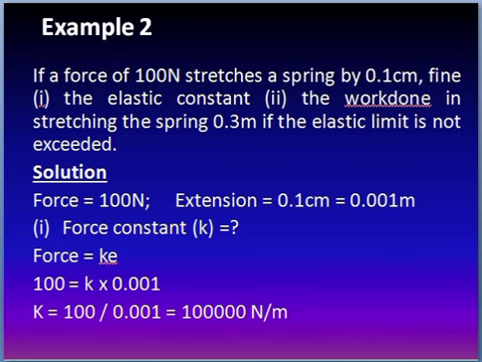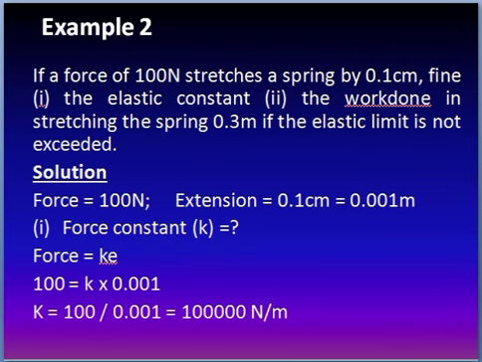In order to solve this, our force is given as 100 Newton, while the extension is given as 0.1 centimeter. To convert centimeter to meter, we have to divide it by 100. So by dividing it by 100, you end up having your extension as 0.001 meter.